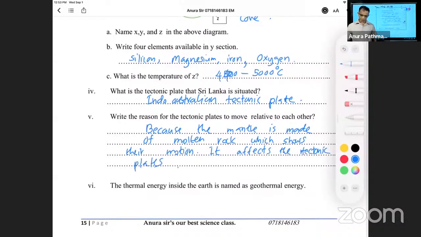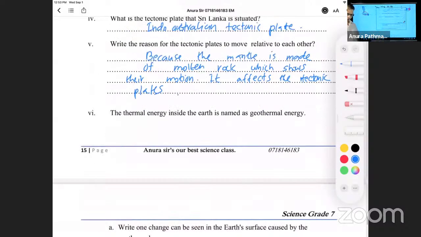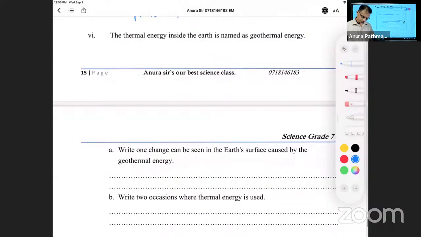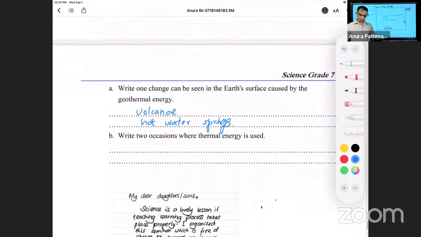The thermal energy inside the earth is named geothermal energy. Right, one change that can be seen on Earth's surface caused by geothermal energy: volcanoes, hot water springs. Write two occasions where thermal energy is used.